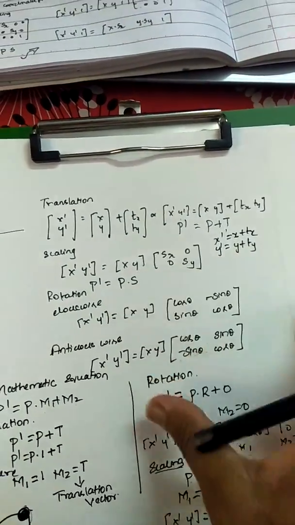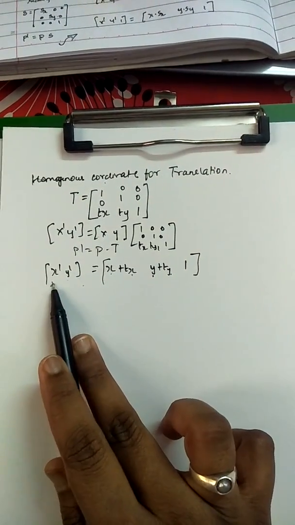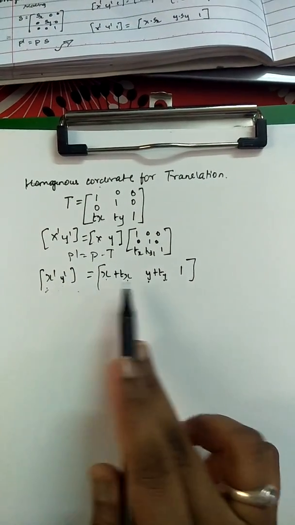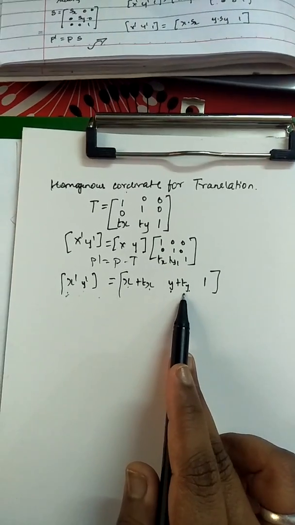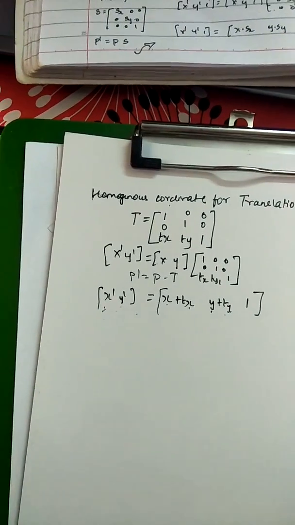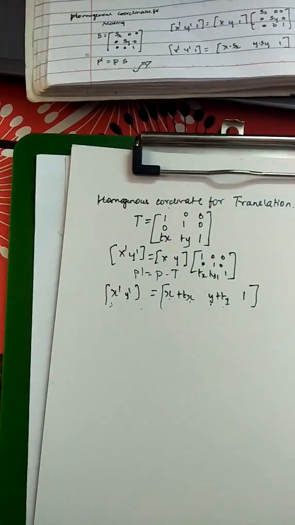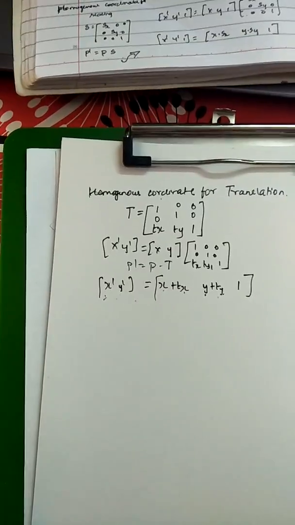We get the same definition here. Correct. X dash is X plus Tx, Y dash is Y plus Ty. So it's not making any effect on the object definition, but we get a common way of representing things.